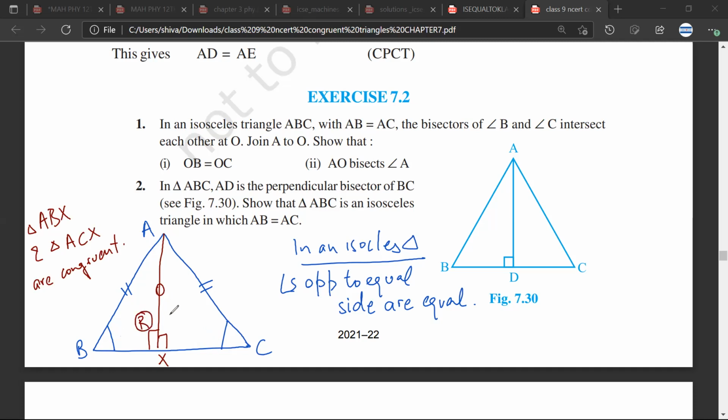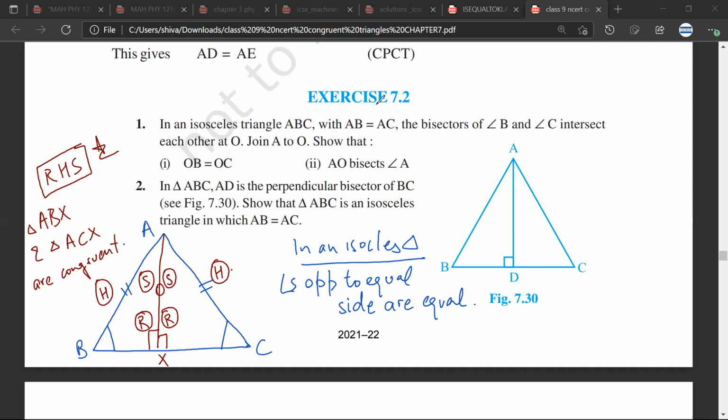So ACX and ABX are congruent. So what rule is applicable? SAS. Or I can apply RHS also. Is it okay? Yes, sir.